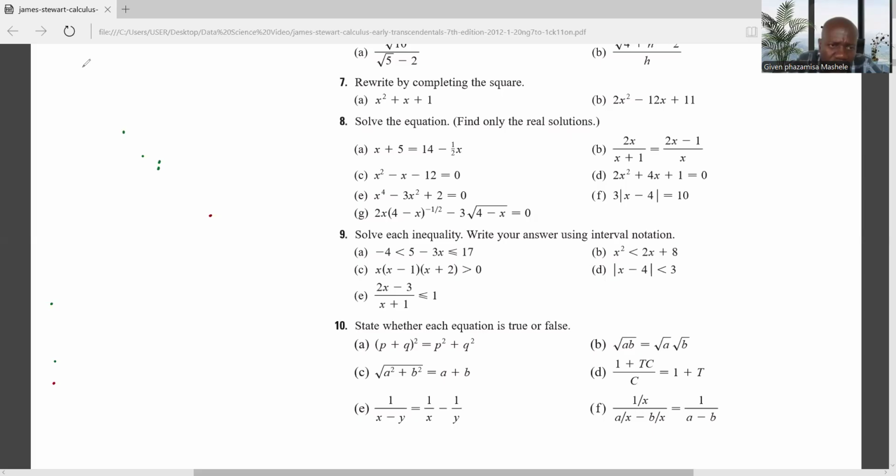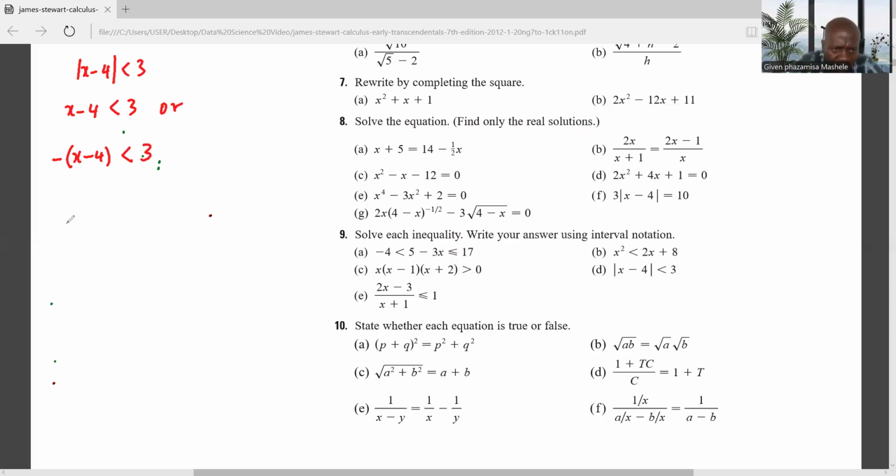We know that when we have |x minus 4| less than 3, it means x minus 4 should be less than 3, or the minus of x minus 4 should be less than 3. Then let's solve for x here.